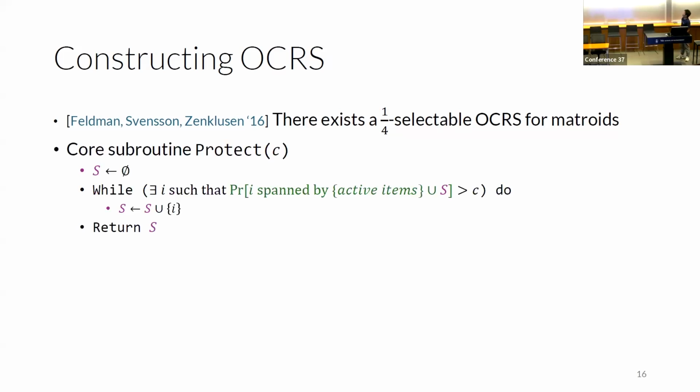So let's take a look at the only place in their construction that uses the samples. Basically, the idea is that we want to protect some elements that are easily spanned by other active elements.